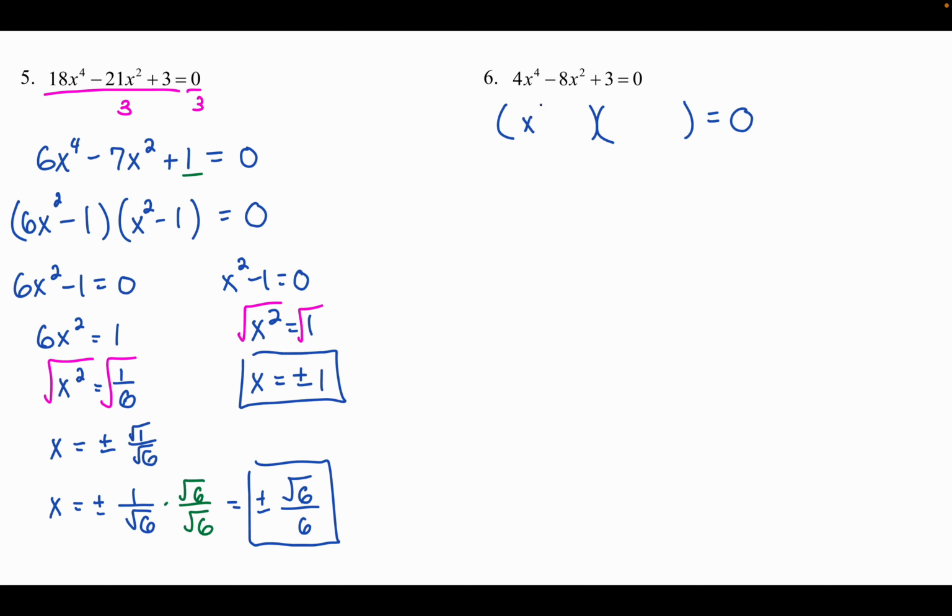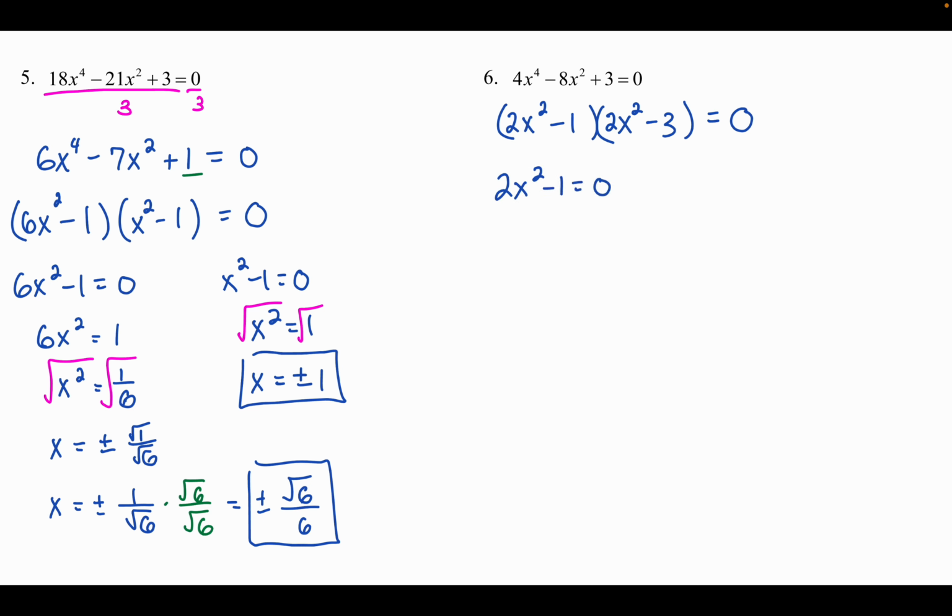You will have x squared and x squared instead of x. It will end up being 2x squared and 2x squared, and then -1 and -3. The outside multiplication would get you -6, the inside would get you -2, and that does add to -8.